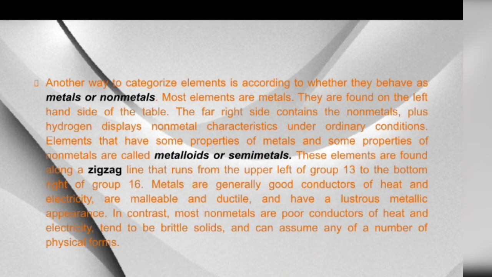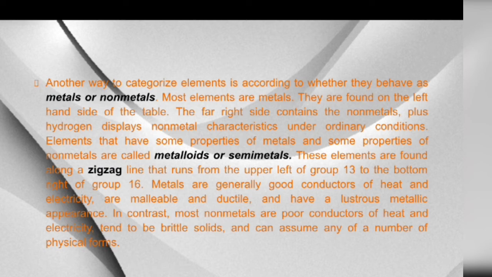Another way to categorize elements is according to whether they behave as metals or non-metals. Most elements are metals. They are found on the left hand side of the table. The far right side contains the non-metals, plus hydrogen displays non-metal characteristics.